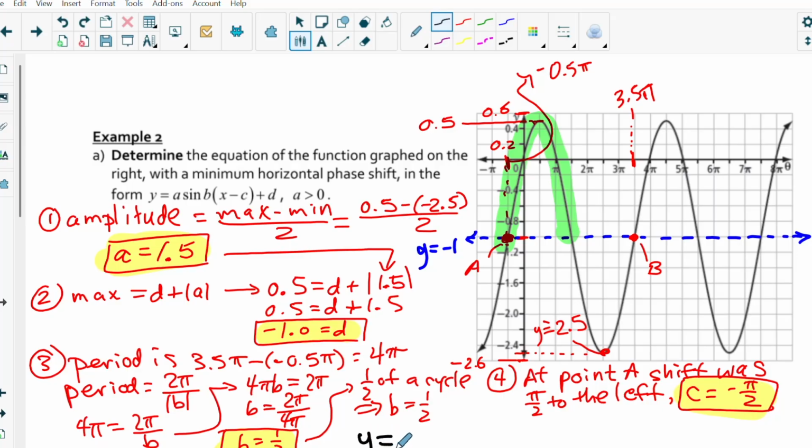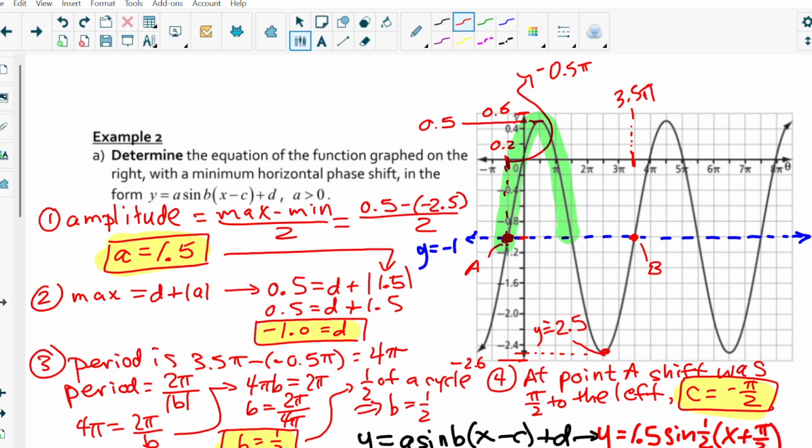I have y equals a sine of b times x minus c plus d. That transforms to y equals a value is 1.5 sine of b value is 1/2 times x minus negative pi over 2, that's x plus pi over 2.